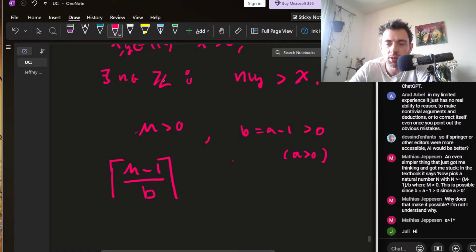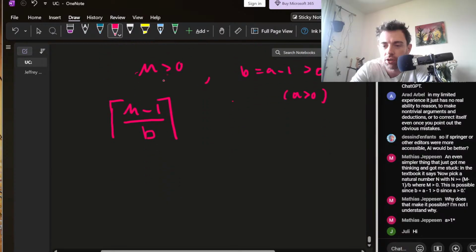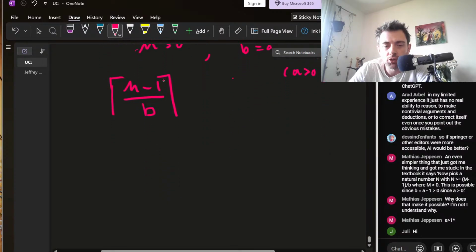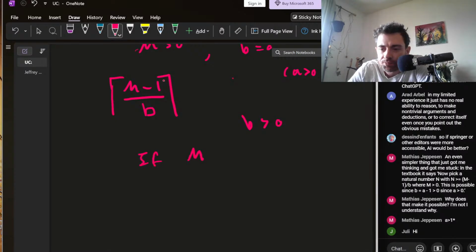There's two cases, right? Because there isn't a restriction on m. So we know that b is positive. Wait, does m have to be a natural number? I don't think so, right?